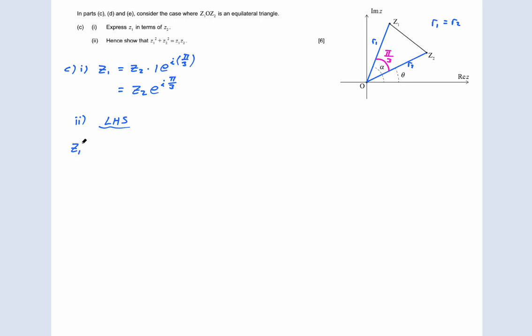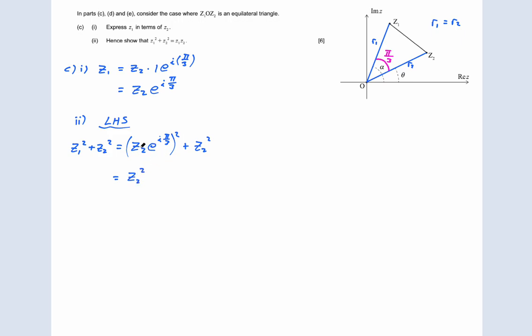Now it says hence, so instead of Z1, I'm going to write Z2 e to the I times pi over 3 squared plus Z2 squared, which is just Z2 squared.